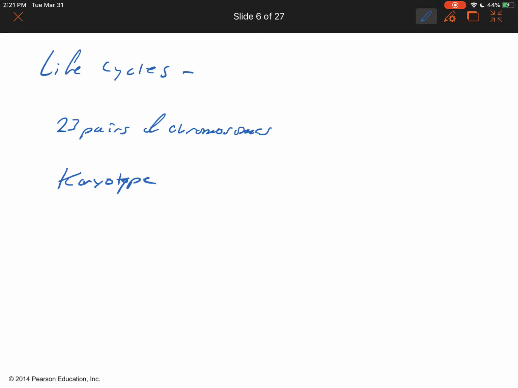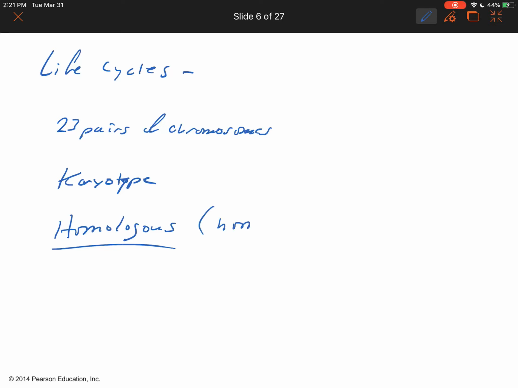All right, now, when we look at a karyotype, what we see is that each chromosome pair consists of two copies, okay? And we call the chromosomes of each pair homologous. Homologous means they have the same information on them.